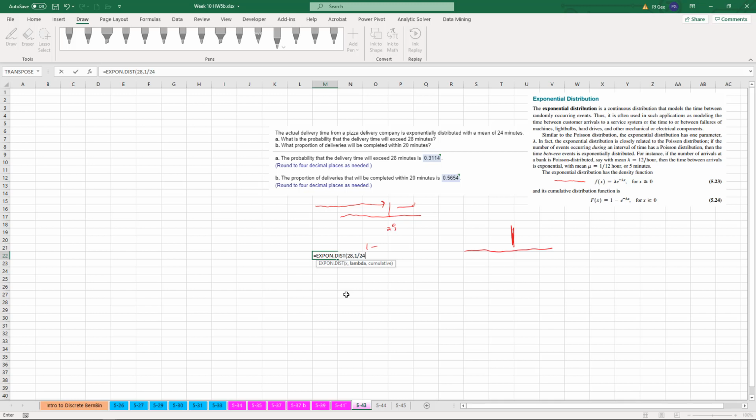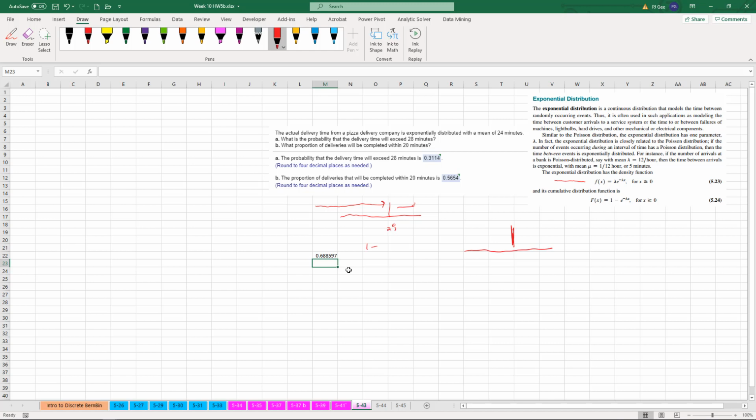Every 1/24th, 1 over 24 is our arrival rate. And then finally, true. We want cumulative there. Okay. So it's 68 and some odd % probability that it's up to and including 28, which, by the way, is going to answer our part B here.